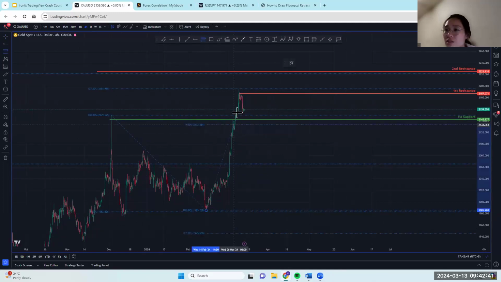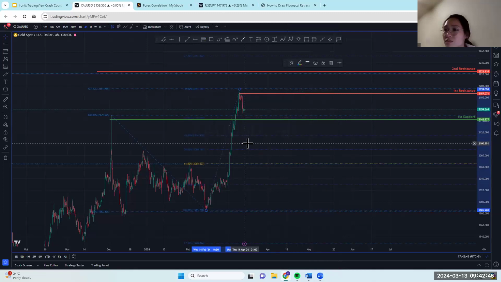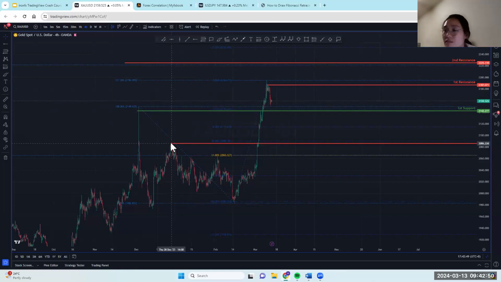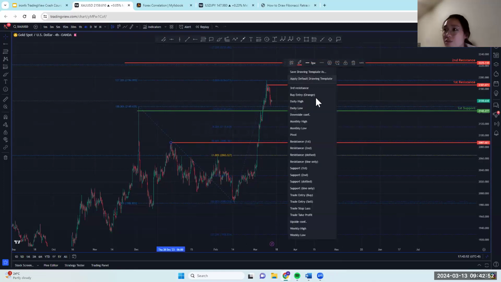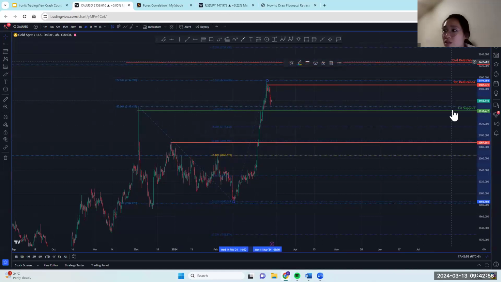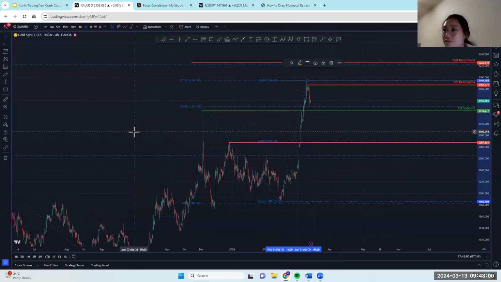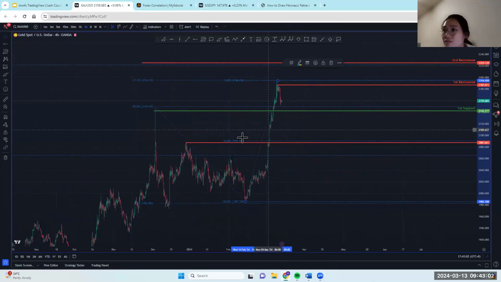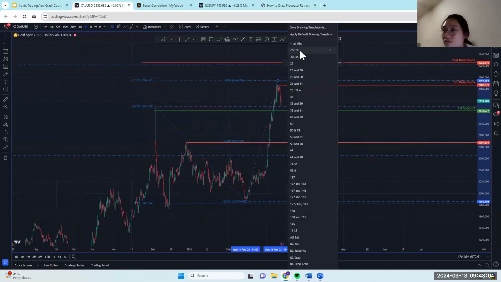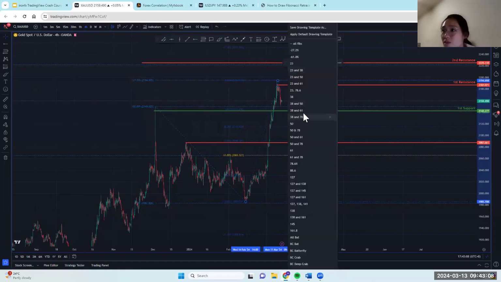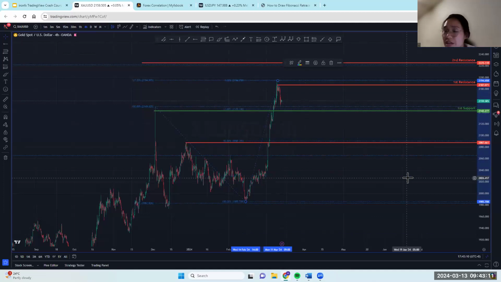Okay, now I'm gonna look for a retracement. Okay, and I'm gonna add another level here at this 50% level. That's also in line with this swing high here. Okay, my 23.6 also lines up. So I'm just gonna keep my 23 and 50%.